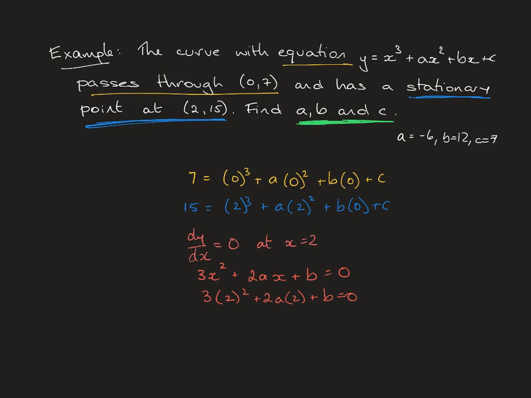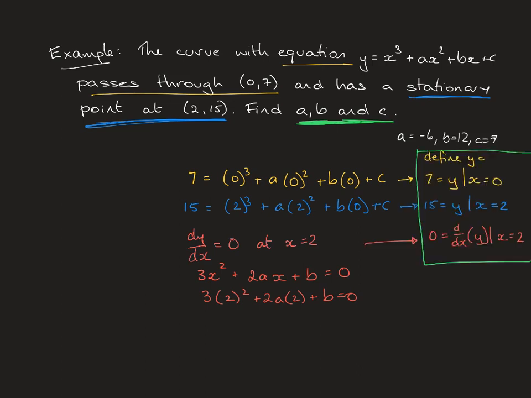If I was to put these into my CAS calculator, this is what I would write. For each of the equations, I put the definition of y. So 7 is equal to y, which I've already defined, evaluated at x is equal to 0. 15 is equal to y, evaluated at x is equal to 2.